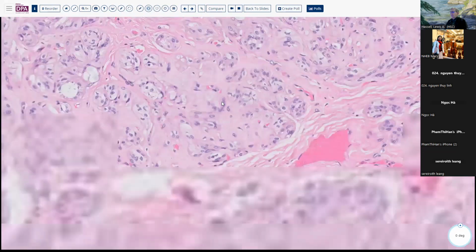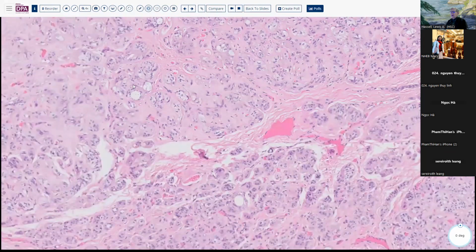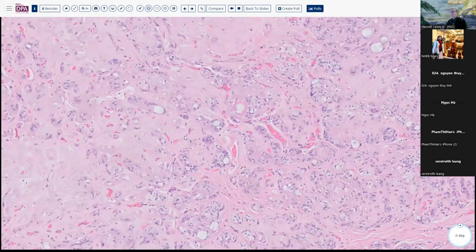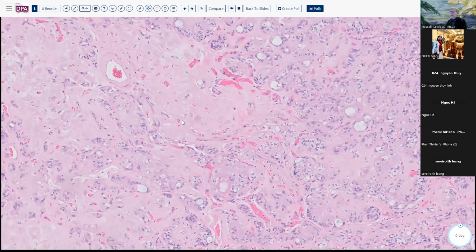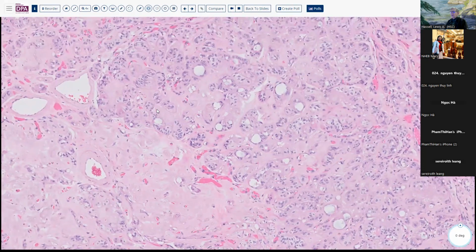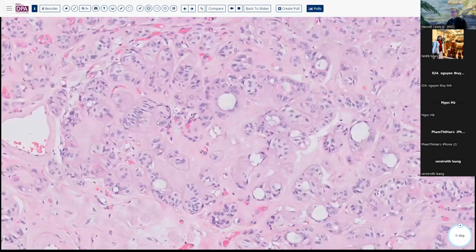It has a lot of this very abundant hyalinized stroma. It tends to form these small balls or nests of cells, and this would be negative for amyloid should you do the Congo red stain.